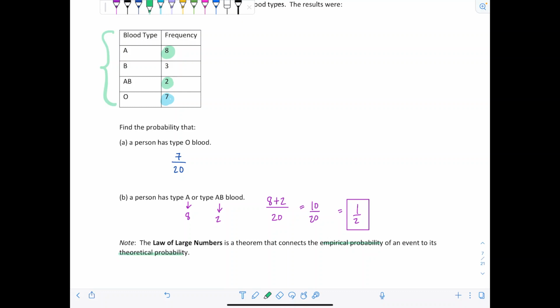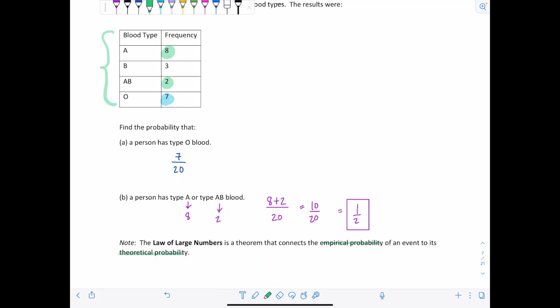Let me put it in a really clear example. It is possible to flip a coin, say 10 times, and every single time it lands tails. Does that mean that you have a 100% chance when you flip a coin of it landing tails and 0% chance of it landing heads? No, that was just a fluke, right?